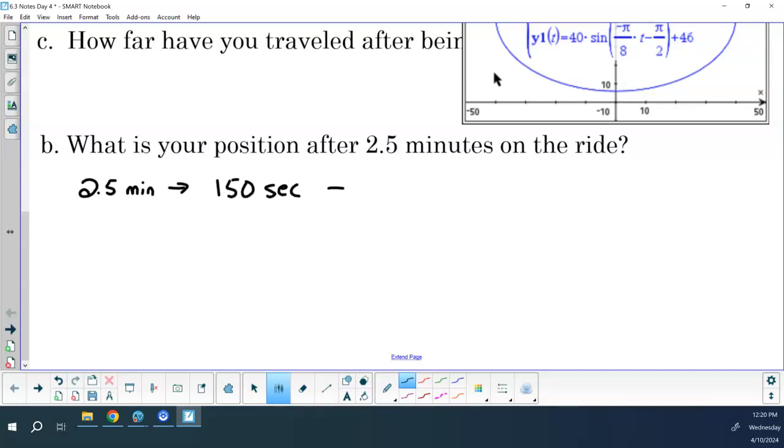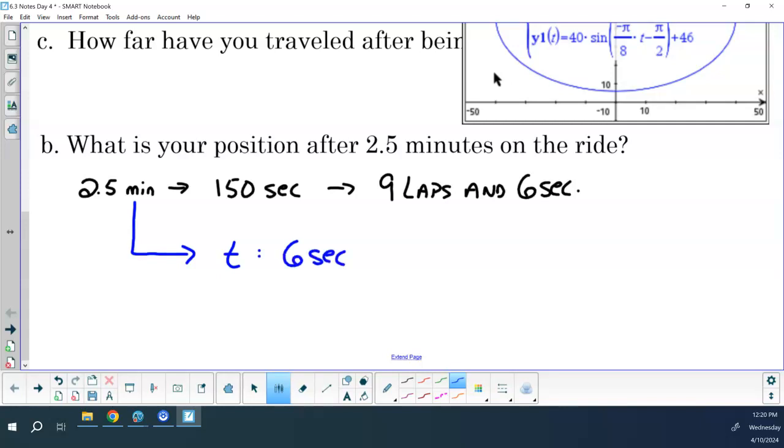So that means we're going 9 laps for sure. 9 times 16 is 144. So how many more seconds do we go on that 10th lap? 6 seconds. So 2.5 minutes is also a t-value of 6 seconds.